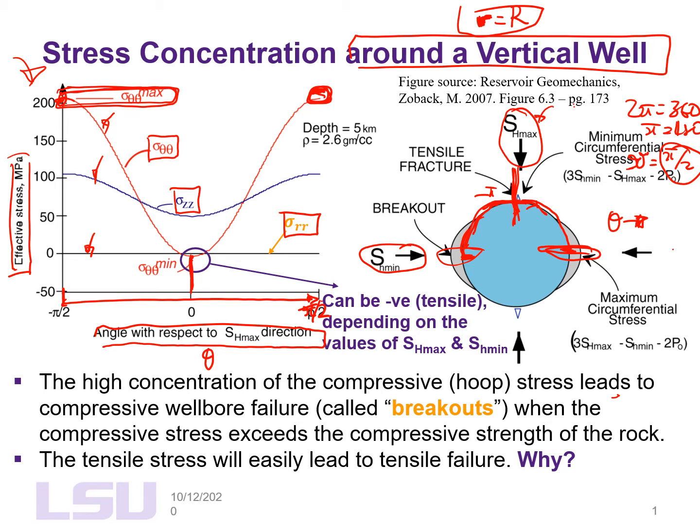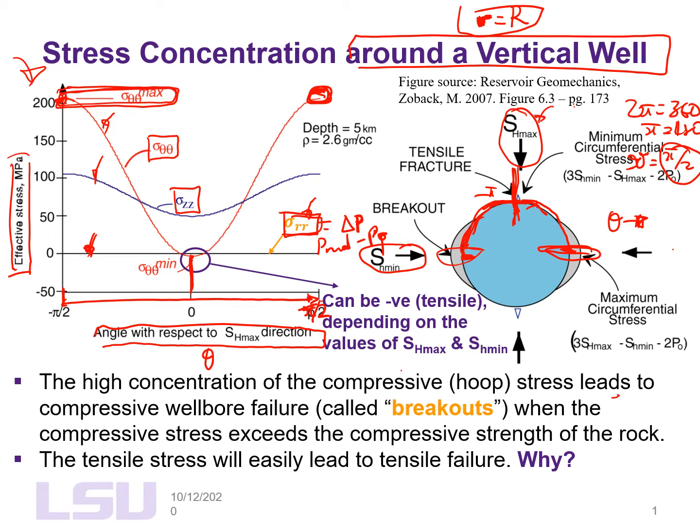And you see, it can actually be negative. How do we know this? Because your sigma RR shown here is at 0. And what makes sigma RR to be 0? You will see in the equation for sigma RR at the wellbore wall that it's actually delta P, which is P mud minus pore pressure. So if pore pressure equals the mud weight, then sigma RR is 0.